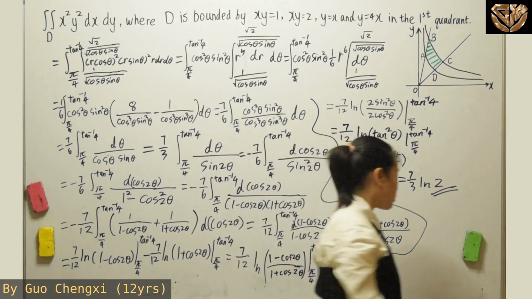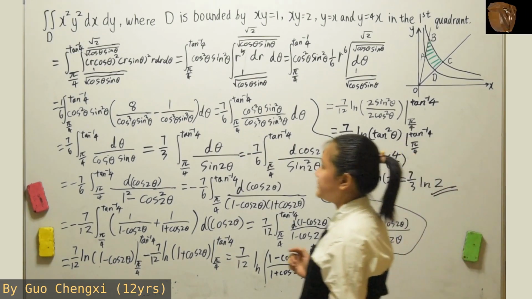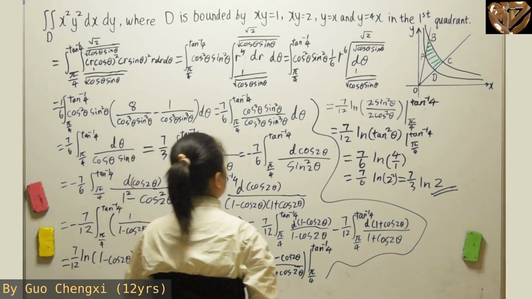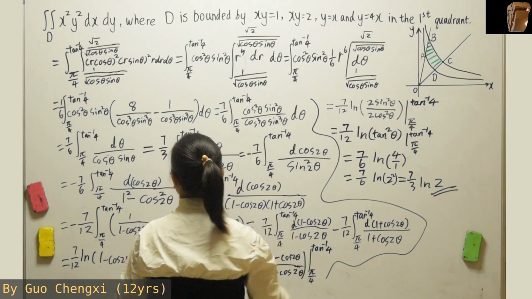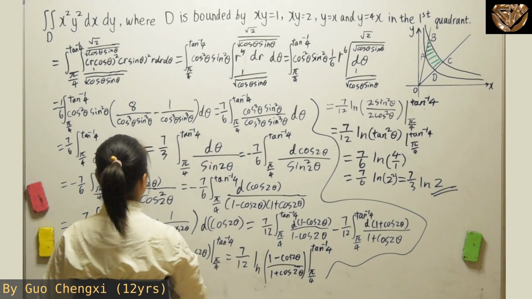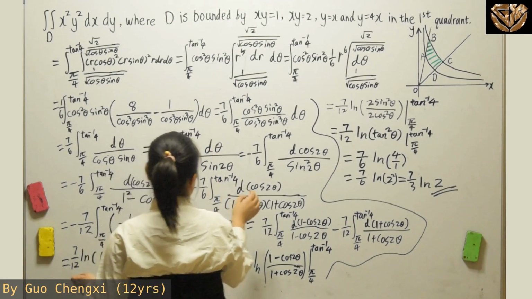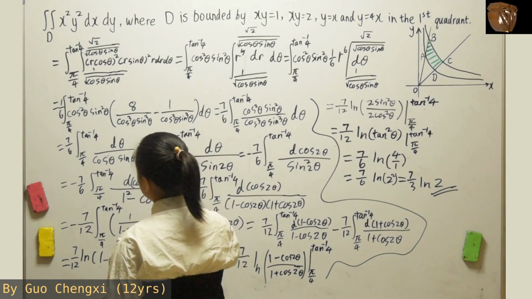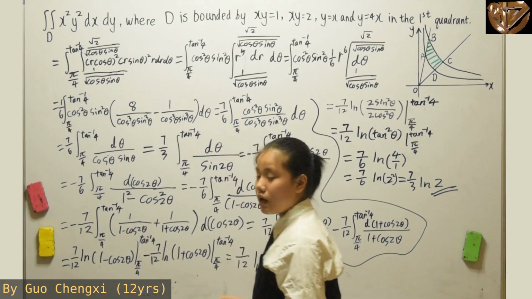Let me give you a quick look at what the method for polar coordinates is. First we found the boundary, from AD to BC, and then the degrees from DC to AB. After that we integrated this part, and then we used a double angle formula, 2 cosine theta sine theta equals sine 2 theta.